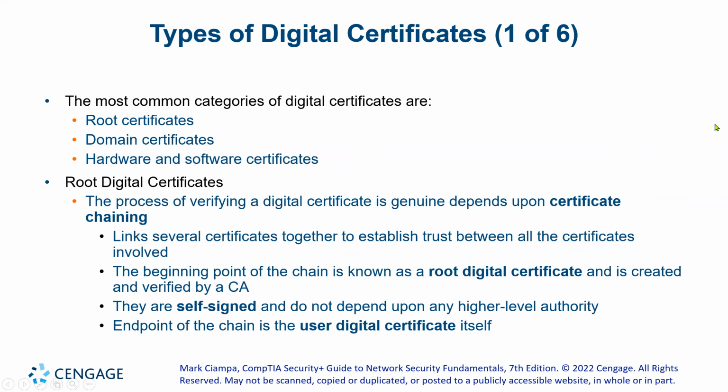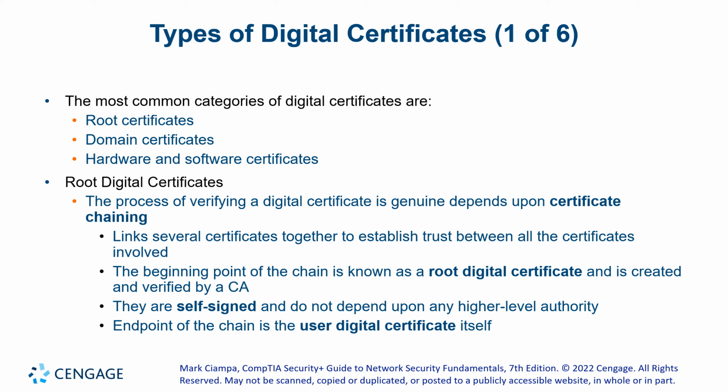Okay. Different types of digital certificates. The most common categories of digital certificates are root certs, domain certs, and hardware and software certs. Root digital certificates: the process of verifying a digital certificate is genuine depends upon certificate chaining. It links several certificates together to establish trust between all the certificates involved.